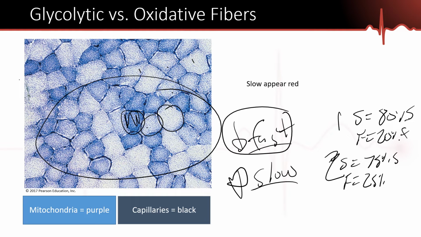So both these people have a higher percentage of slow twitch muscle fibers within their soleus muscle than they do fast. But when you actually compare one person to the next, you notice there are individual differences. Not everybody is 80-20. Some people are 80% slow and 20% fast, and then other people might be 90% slow and 10% fast. Okay?